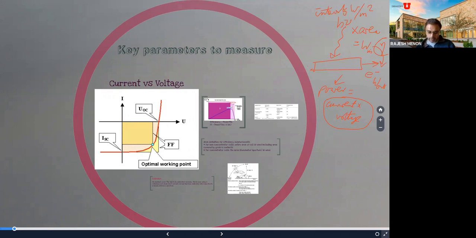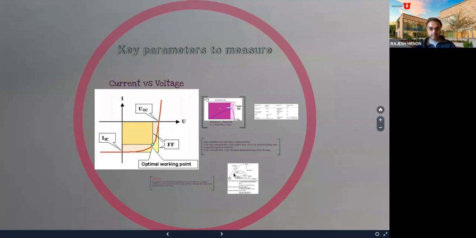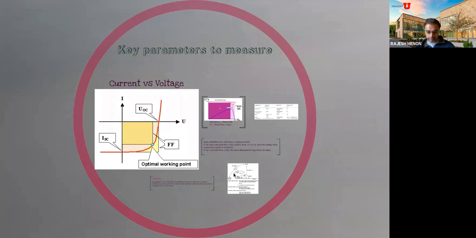Okay, whoops. Because the solar cell is a reverse bias PN junction, which we'll talk about more on Tuesday, its current voltage characteristic looks as shown here, where you plot the voltage represented by U and the current represented by I. Typically, by the way, we also use current density, not just current, and the reason is you normalize the current, in amperes per meter squared, to the area of the solar cell.